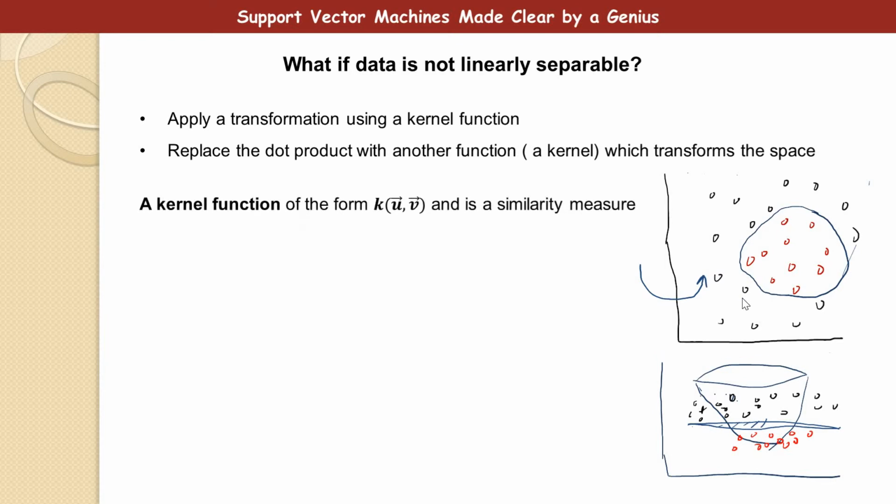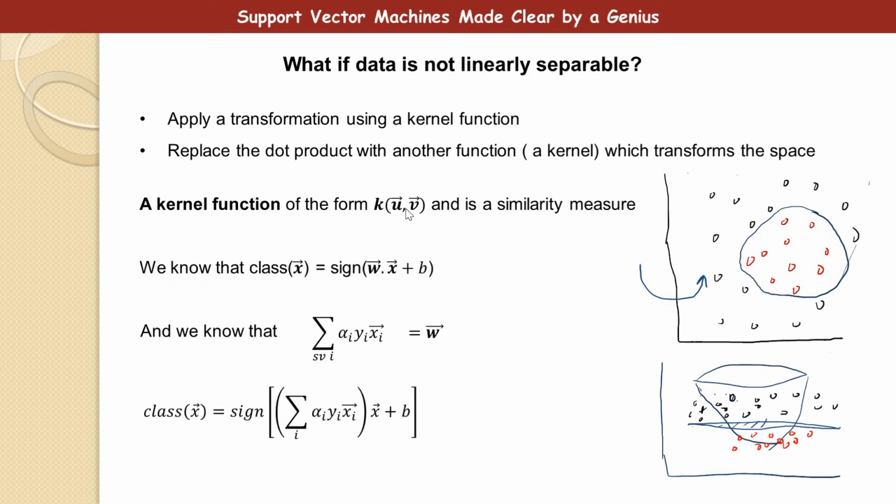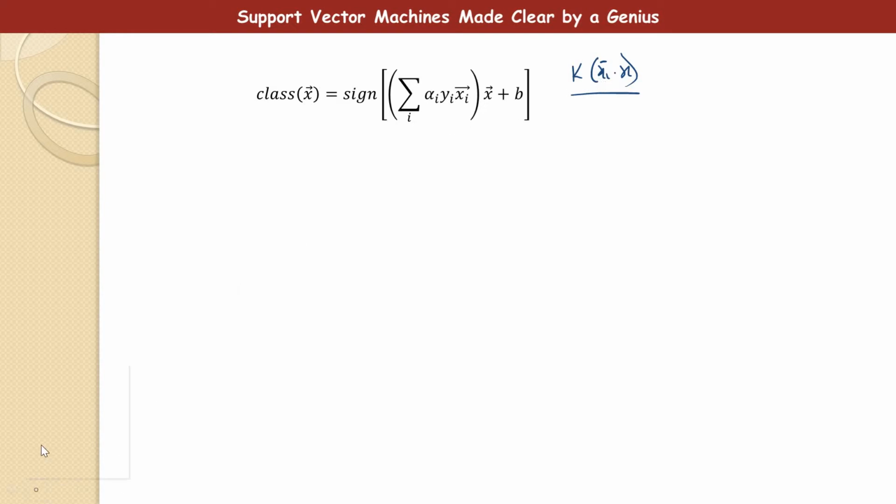So how does it work? It's of the form K(u, v). It acts on 2 vectors and produces an output. So here we already have the class of a vector given by the sign, positive or negative.